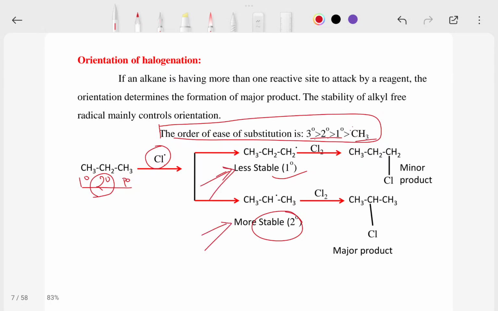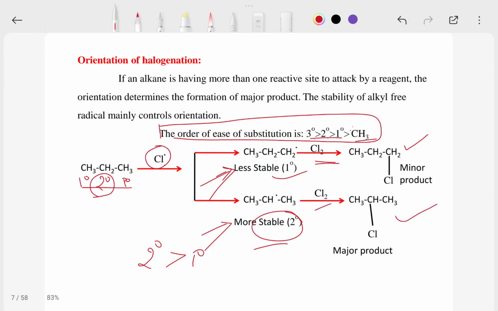Comparing these two free radicals, the secondary free radical is more stable than the primary free radical due to the electron donating inductive effect. Again, these two free radicals react with chlorine. If the primary free radical reacts with chlorine, 1-chloropropane is formed. If the secondary free radical reacts with chlorine, 2-chloropropane is formed.